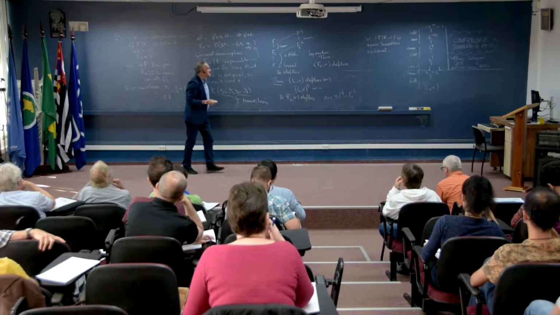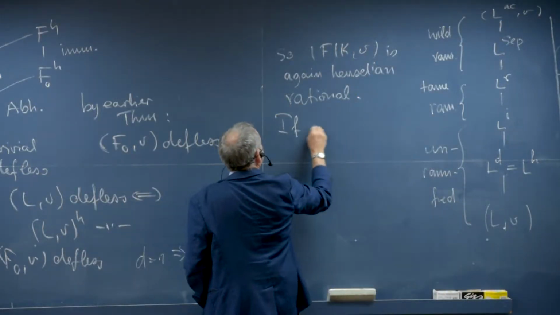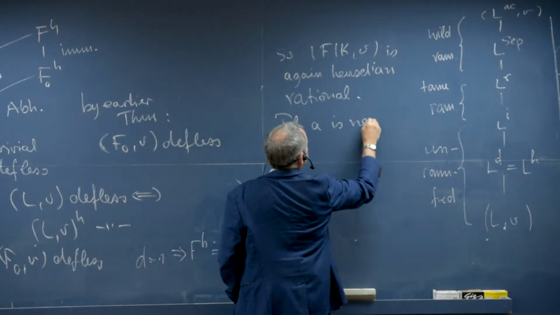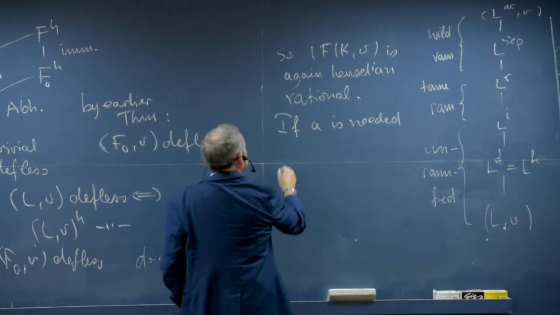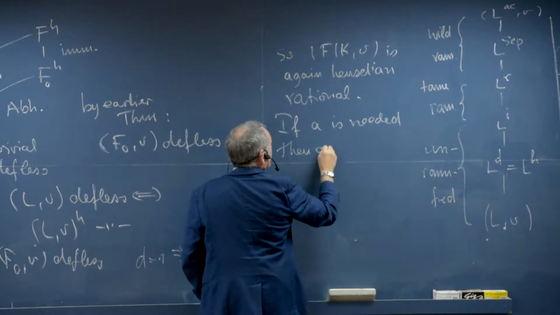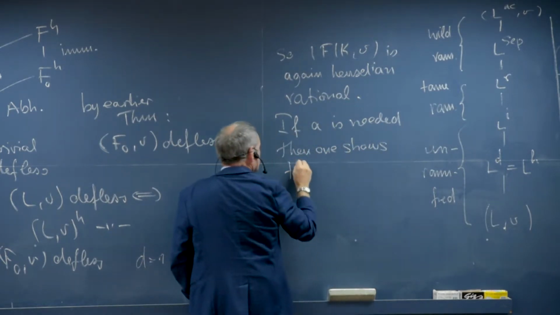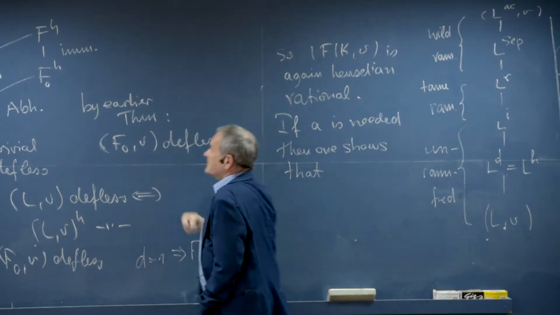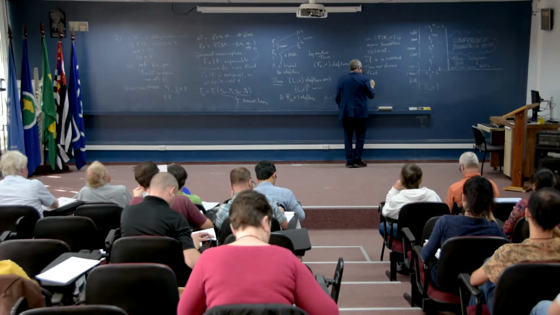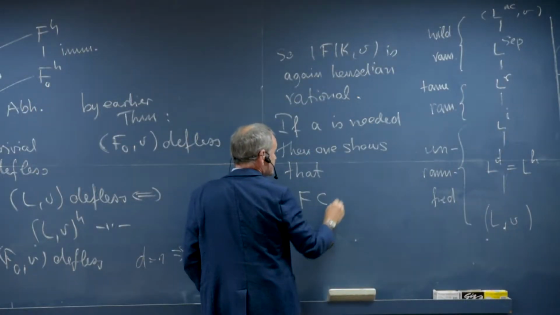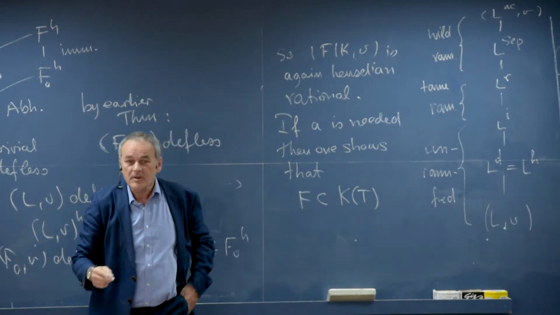In that case, if a is needed, then with very similar arguments we can choose a such that F sits inside k(T), but not the Henselization.